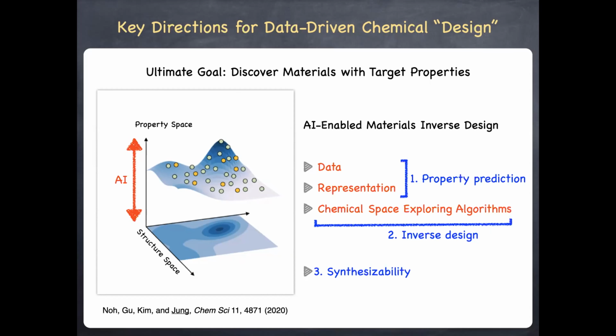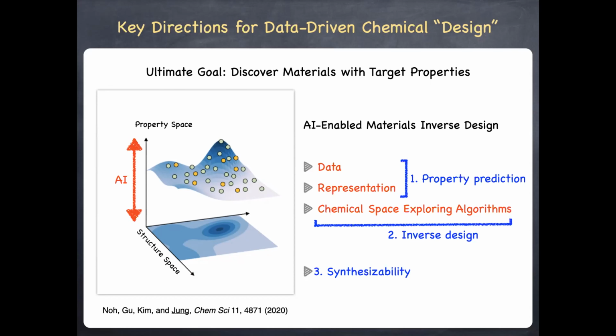And the second aspect is exploring the chemical space. Basically, chemical space is a space of valid molecules, and the goal is to find the molecules with the target properties. Because the chemical space is almost literally infinite, finding a chemical with the target property in this vast space is very difficult, and one needs a very efficient method.